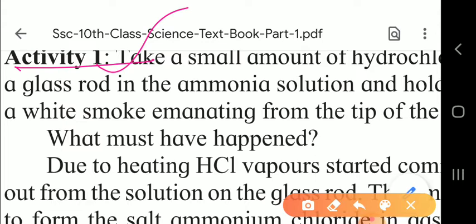Let us see what happened. Due to heating of the hydrochloric acid, the HCl vapors start coming out from the test tube, and here the NH3, that is ammonia gas, came out from the solution on the glass rod. This ammonia gas and hydrogen chloride gas react to form a salt called ammonium chloride.